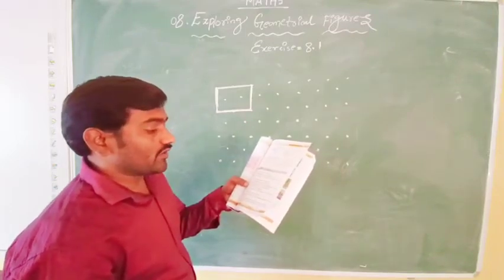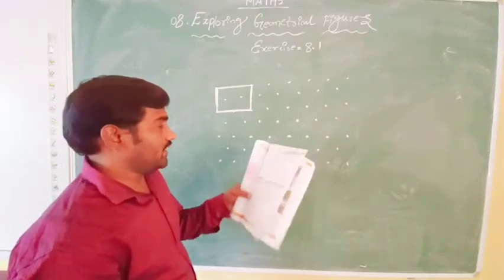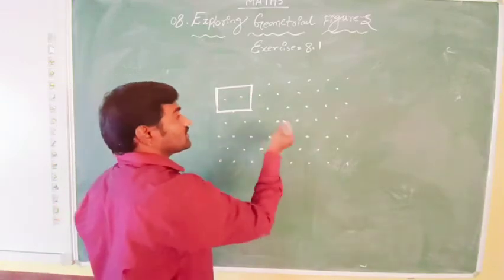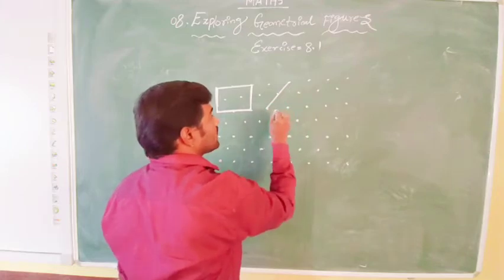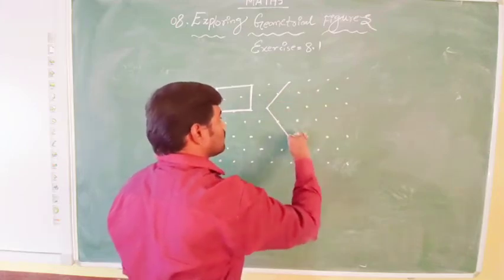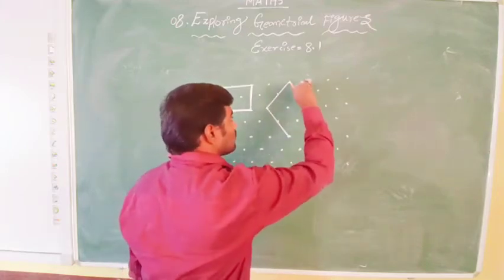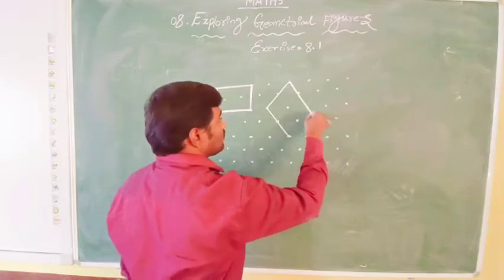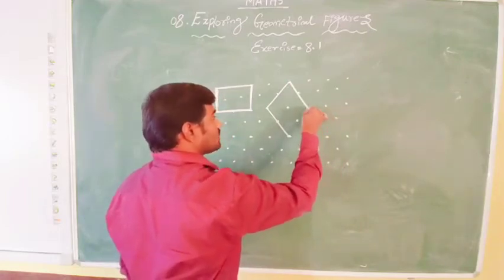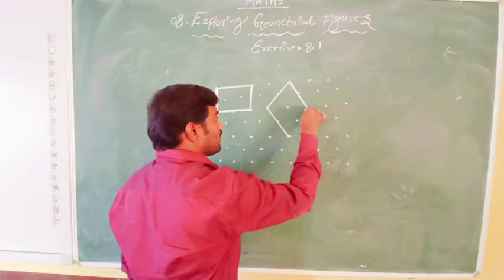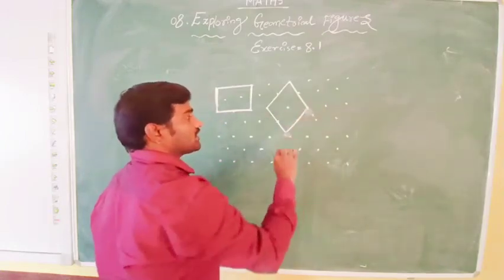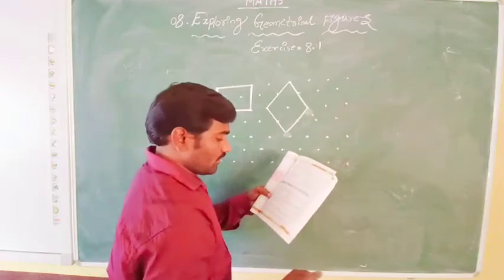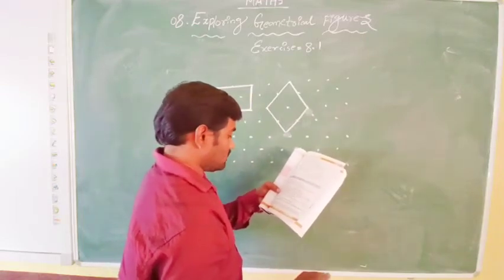Then draw the congruent figures in different directions. Even if you go in a different direction, it gives the same figure. Draw it in different directions, and also its mirror image.